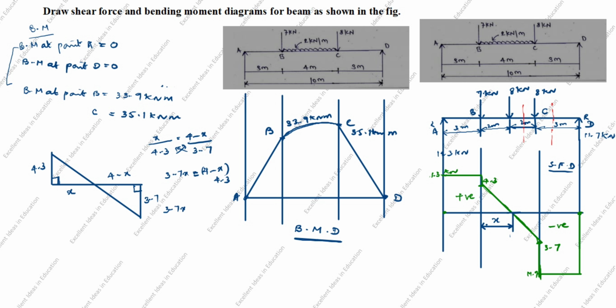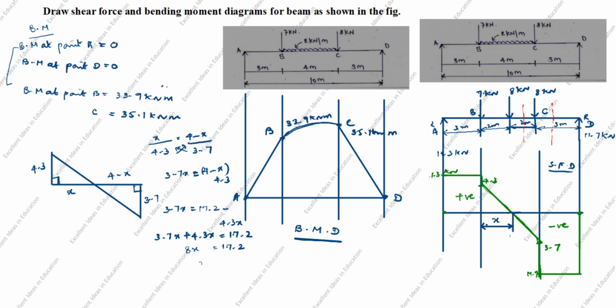3.7x is equal to 4 into 4.3 is 17.2 minus 4.3x. 3.7x minus comes this side is plus 4.3x equal to 17.2. 3.7x plus 4.3x is 8x equal to 17.2.